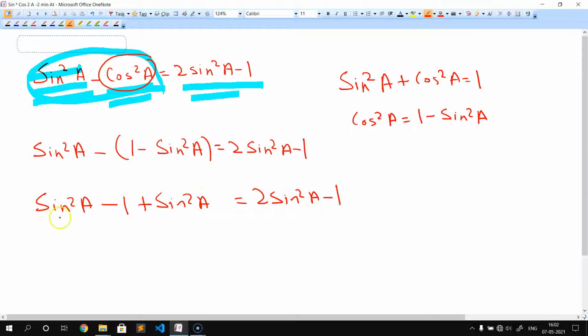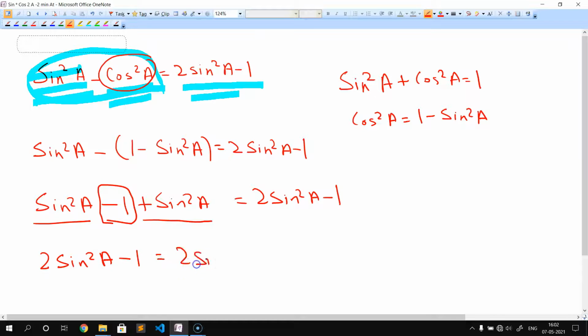So here our sign is plus and this sign is plus, so this will add up to make 2 sin square a, and this is minus 1, which is equals to 2 sin square a minus 1.